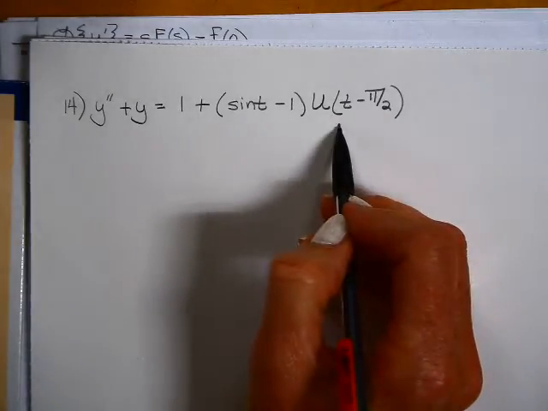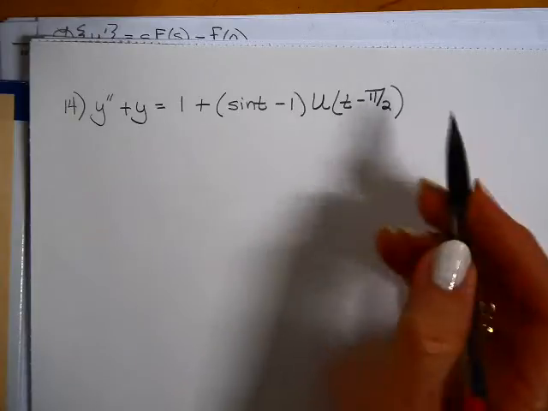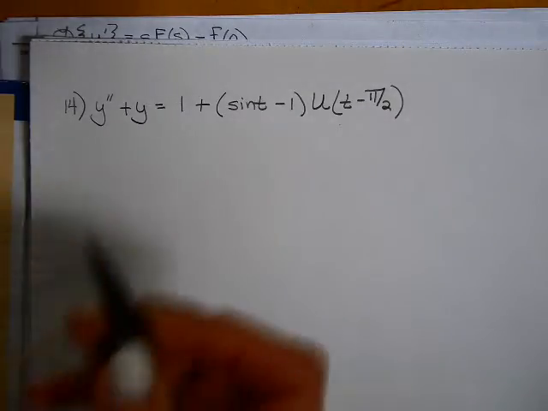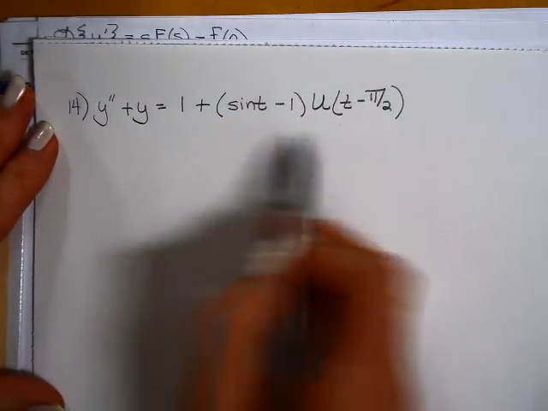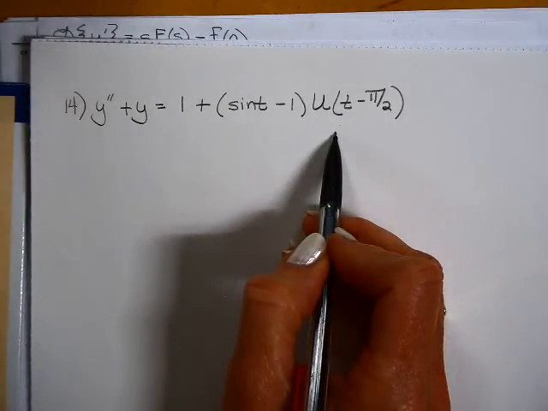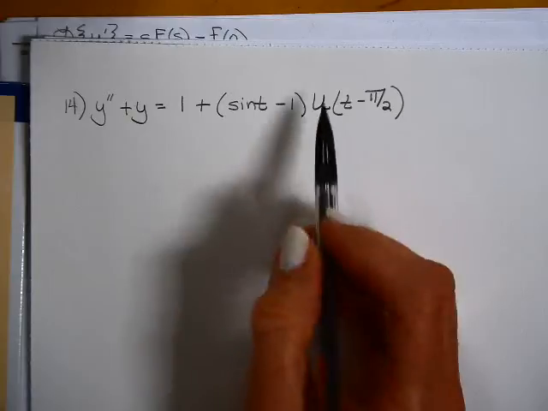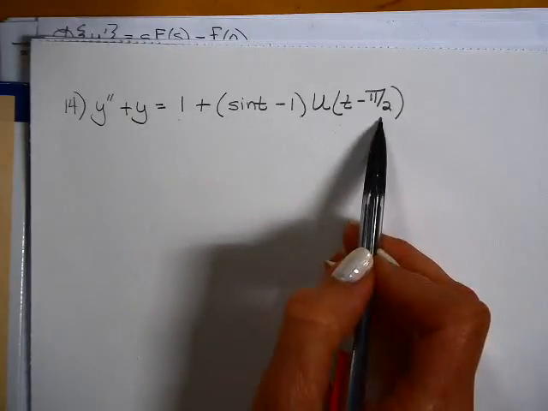That was the unit step function from the other night, okay? And I've got initial conditions. Now take the Laplace transform of both sides of this. Y'all find that and see if you have a question about that one. I still want to write the whole thing down. It's 1 plus sine t minus 1, and the step is at pi over 2.